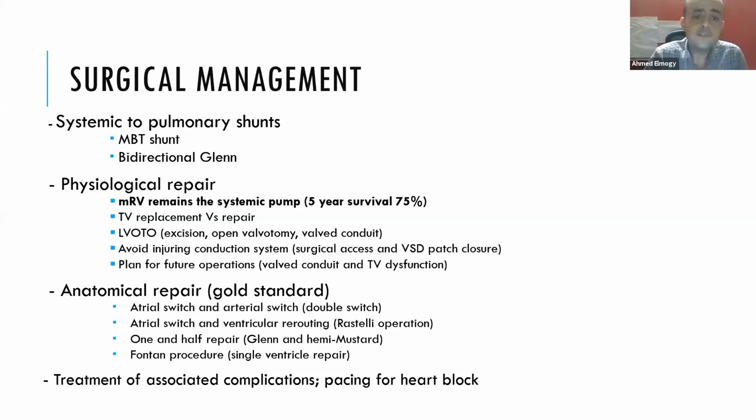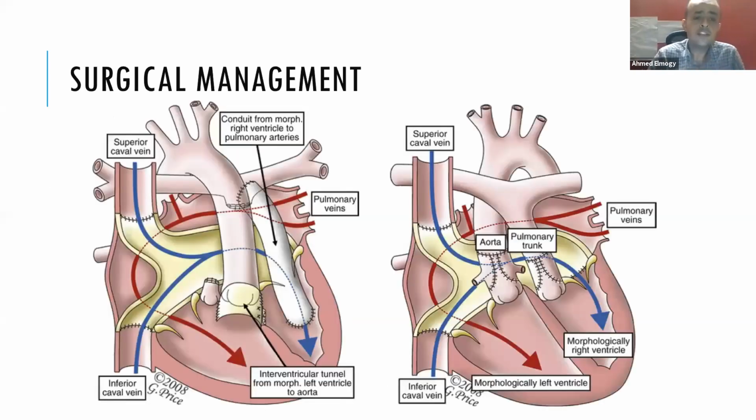The picture on the left side is the operation we mentioned, Rastelli, in which the morphologic left ventricle is tunneled to the aorta, and the pulmonary artery is excised proximally, with a valved conduit connected from the morphologic right ventricle to the pulmonary arteries.